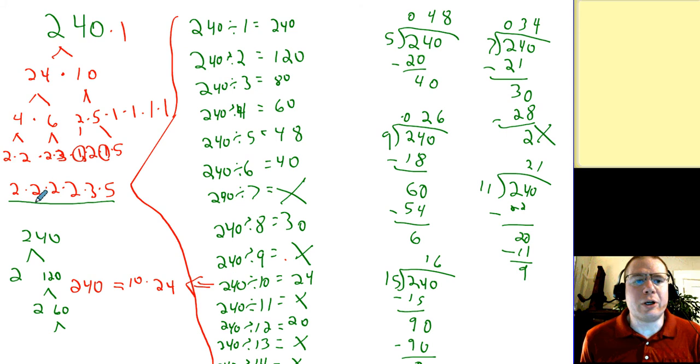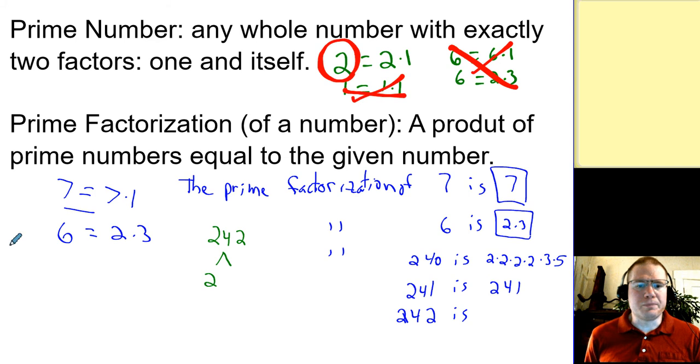It doesn't matter what order I do it in. I could do the 5 times 3 to get 15, 15 times 2 to get 30, 60, 120, 240. Or I could do 3 times 2 is 6, and 6 times 2 is 12, and 12 times 5 is 60, and 2 times 2 is 4, and 60 times 4 is 240. There's lots of ways we can arrange these, but so long as we're only using each of these factors once, it'll work out. All right, so let's get back to 242.